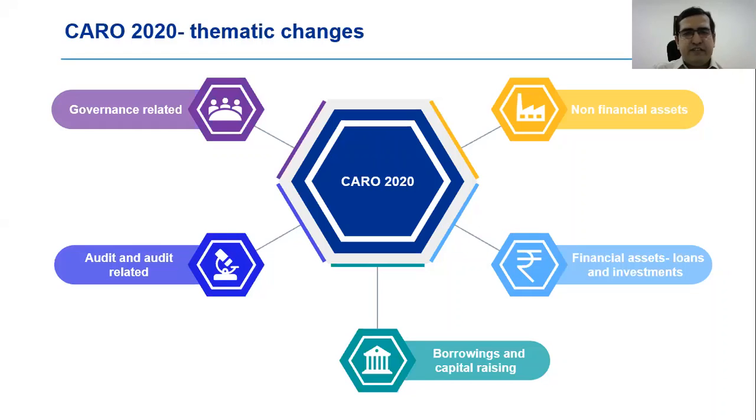Other than that, we had a very quick overview of clauses around reporting under section 185, 186, which is loans and advances and investments, compliance with deposit acceptance norms, related party transaction controls and governance, the section 177, 188 compliances, and the compliances in respect of section 192. All of those remain unchanged.